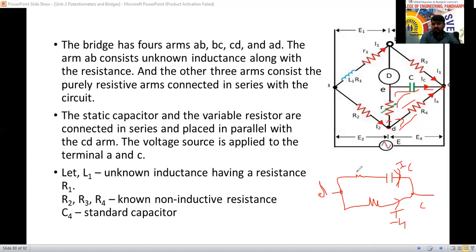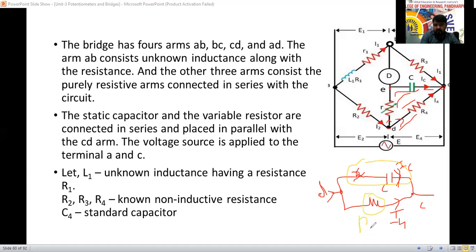And this is the variable resistance that is called R, and this is C. So these two are in parallel. We can say this R plus C are in series, and the total net Z is in parallel with this R4.